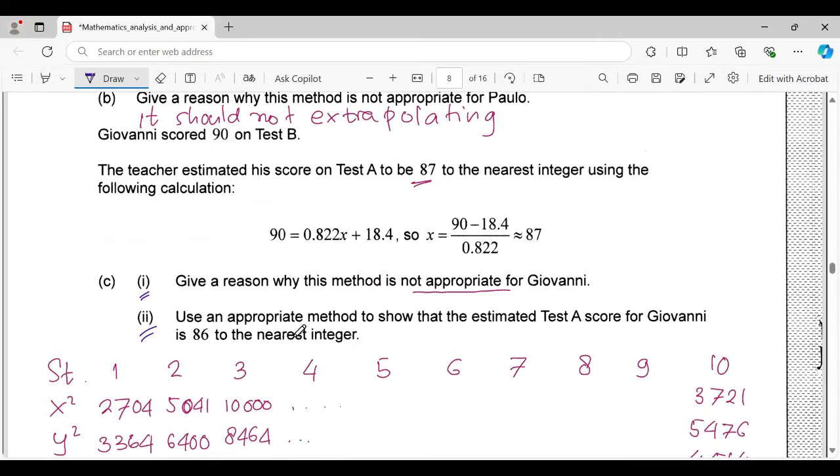Use an appropriate method to show that the estimated test A score for Giovanni is 86 to the nearest integer. Okay.